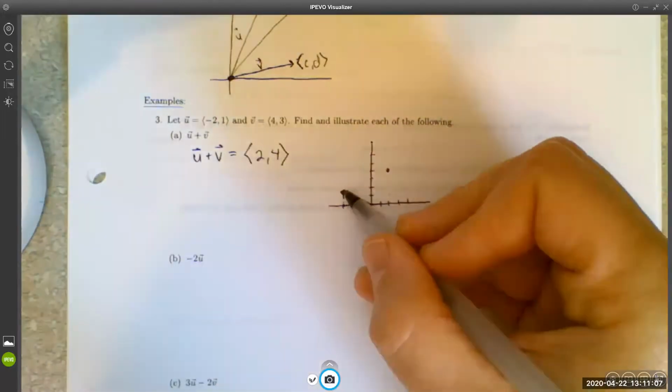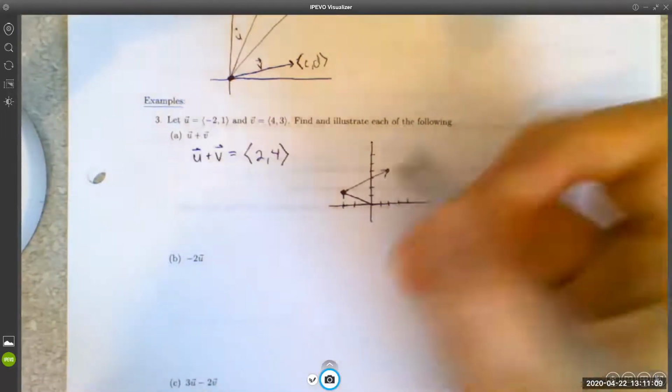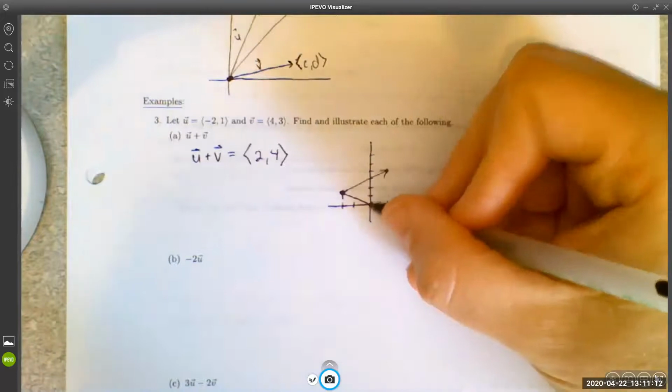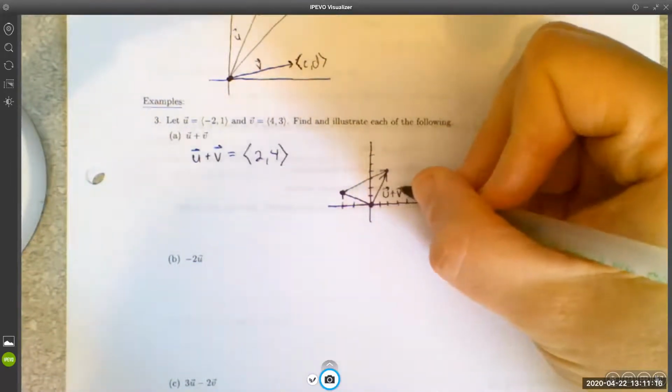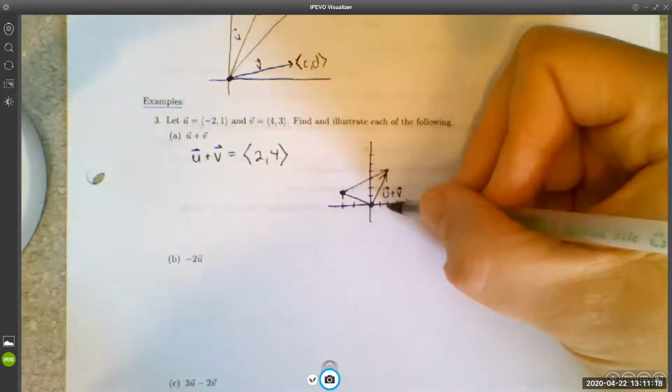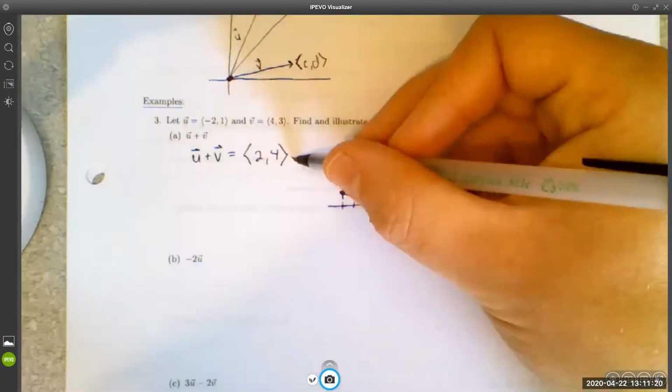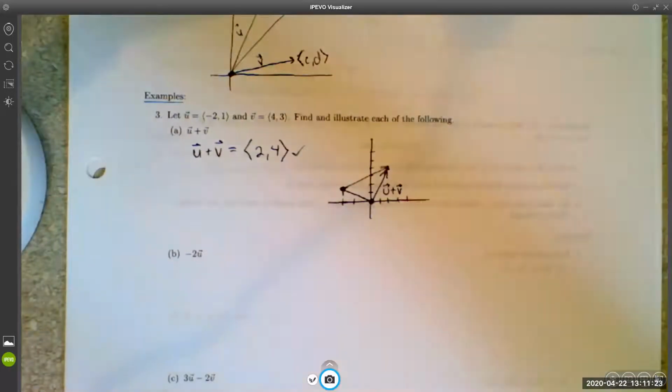Right, so that's v. And then this thing right here is u plus v. And sure enough, 2, 4. So geometrically, it works out the same as it would algebraically. I don't think I'm going to draw the rest of them. That's the idea.